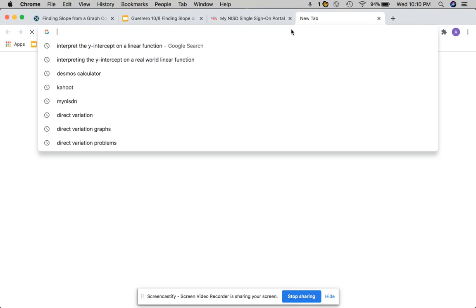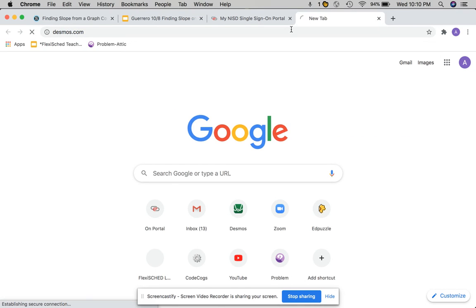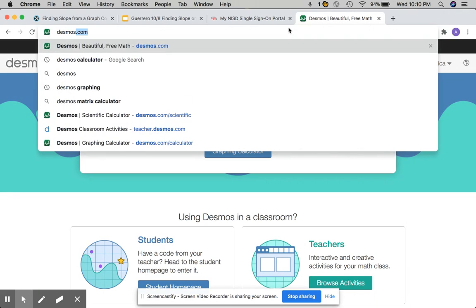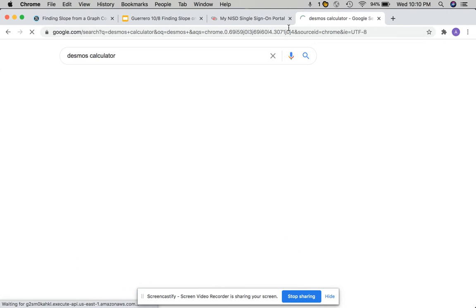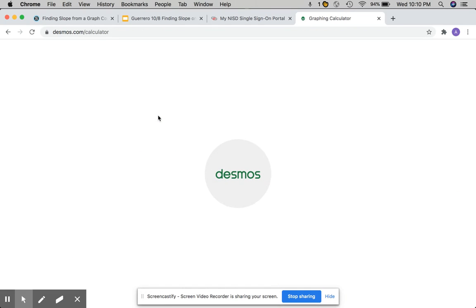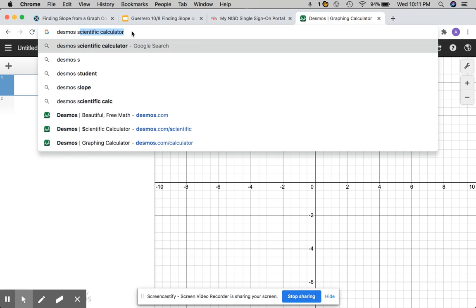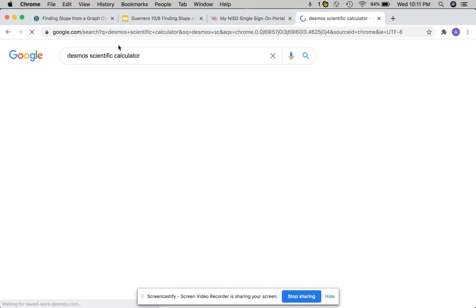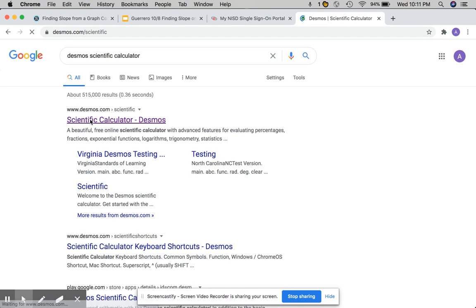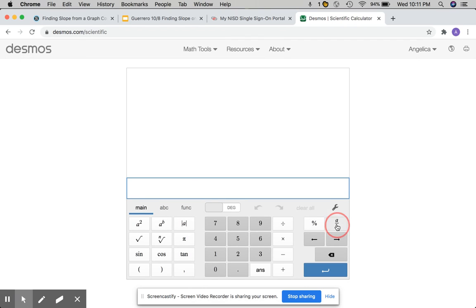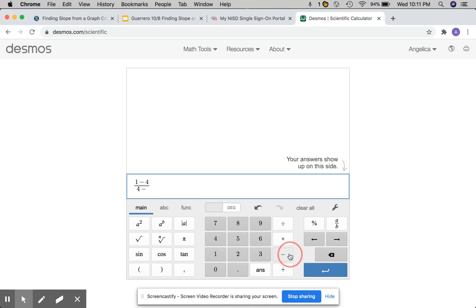So if I pull up my Desmos calculator, I'm going to type in that fraction that we came up with. So let me go to my Desmos scientific calculator first. Okay, so if we set it up as a fraction and we type in what we wrote down, 1 minus 4 over 4 minus a negative 3.